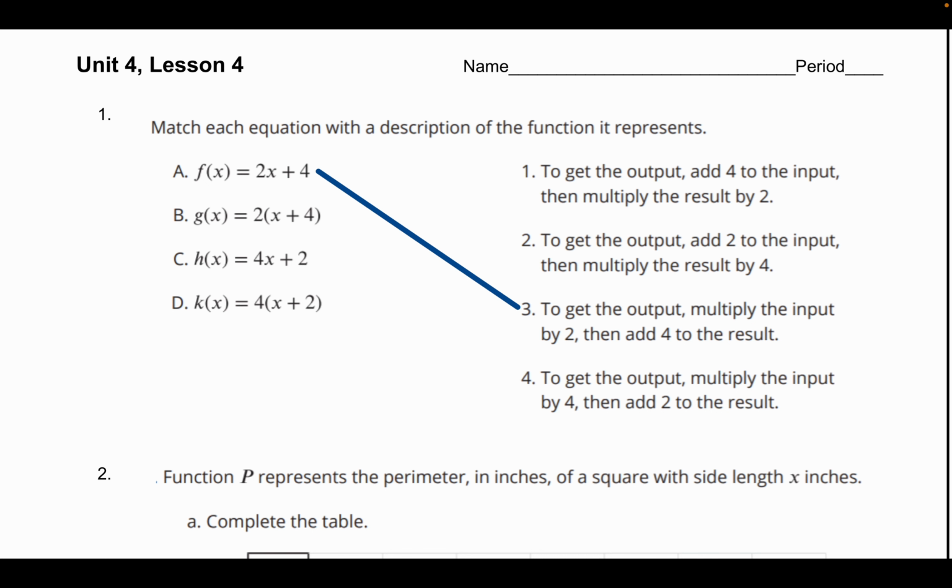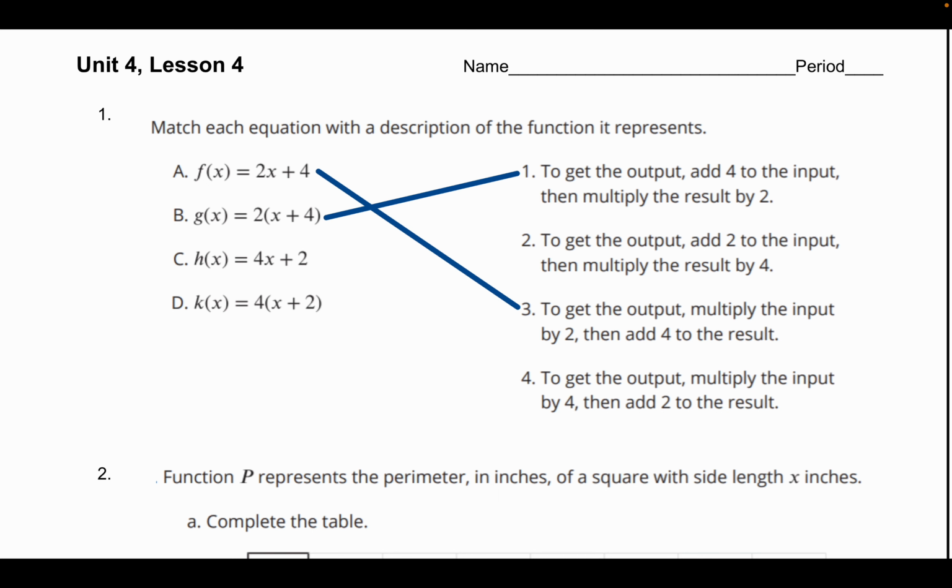So with order of operations, either PEMDAS or GEMDAS, sometimes I've heard it referred to as GEMDAS with a G for grouping, but we're going to do what's inside our parentheses first. So this one, if we have to add the 4 and then multiply by 2, that looks like this first option here: to get the output, add 4 to the input, and then multiply that result by 2.